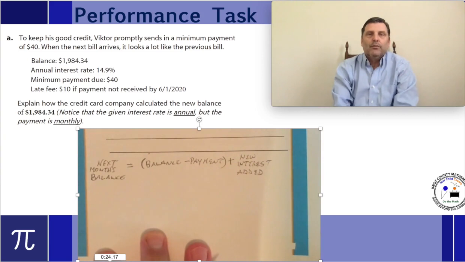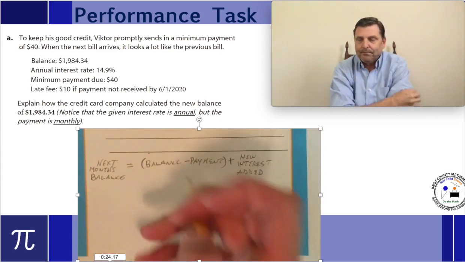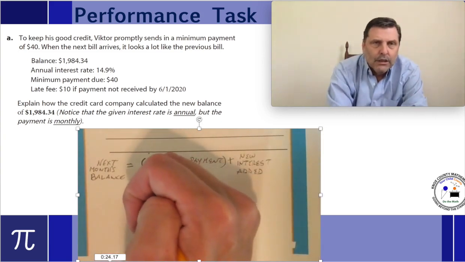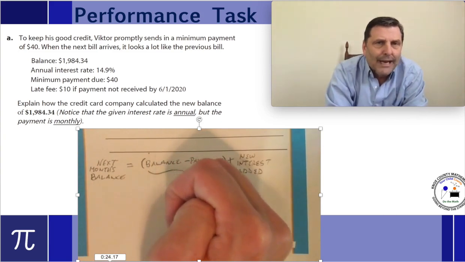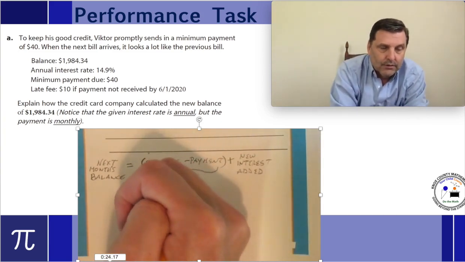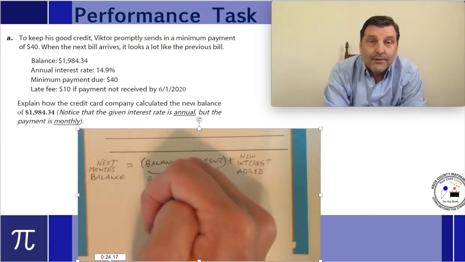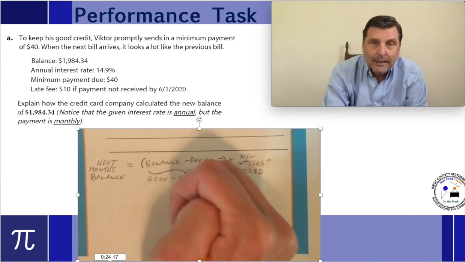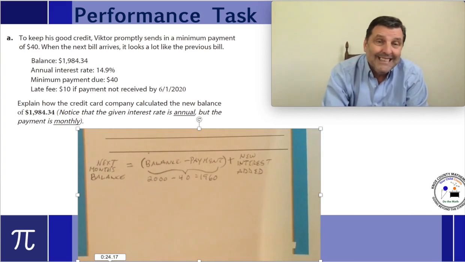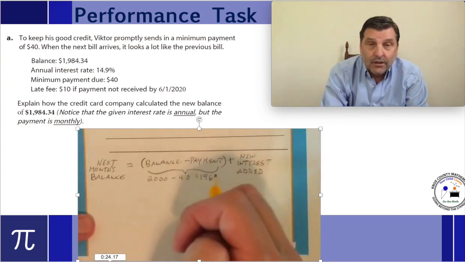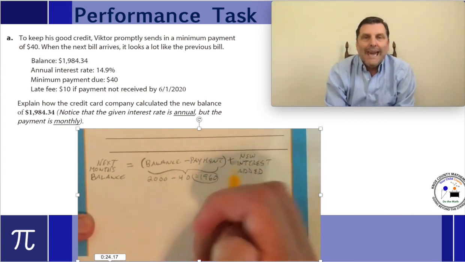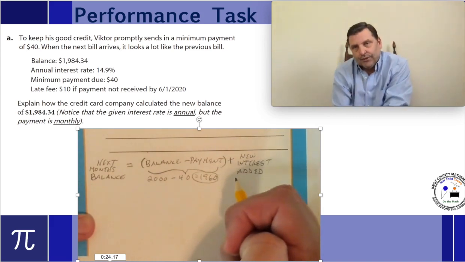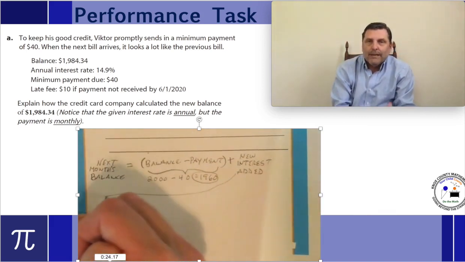Let's first look at the balance minus the payment. Remember, the original balance was $2,000. Take away the $40 he paid, which is $1,960. But we've got to add on to that the interest. So here we're talking about applications of percents.